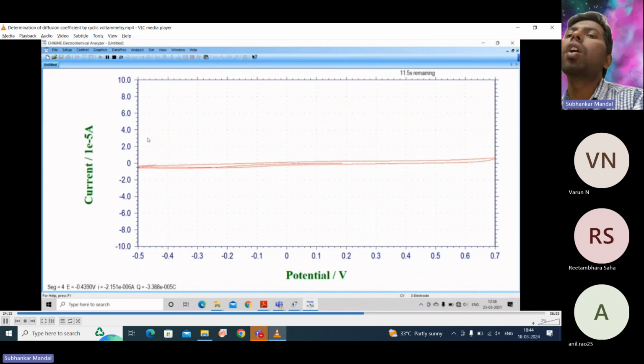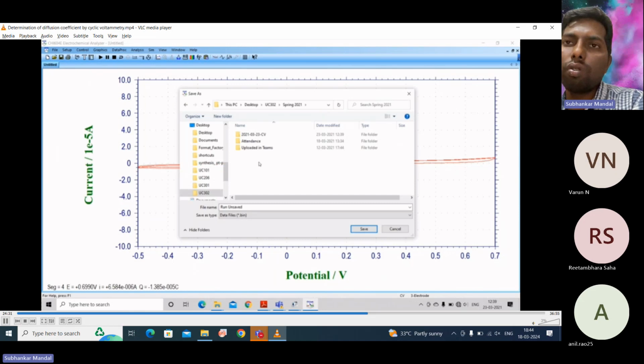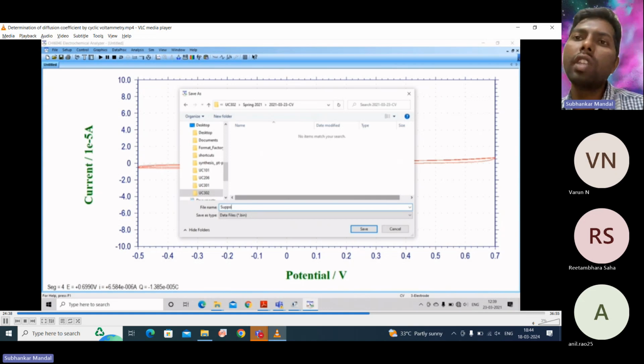Since there is no redox active species, it should be a straight line. As I have mentioned, your supporting electrolyte in this working electrode region should not show any redox activity. Okay.